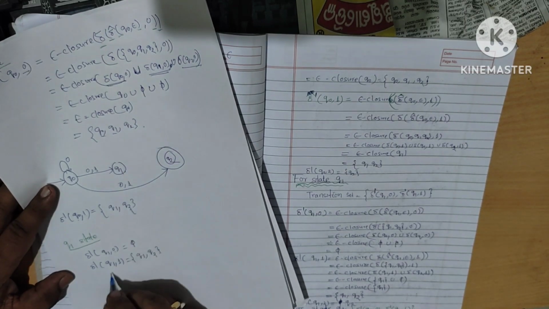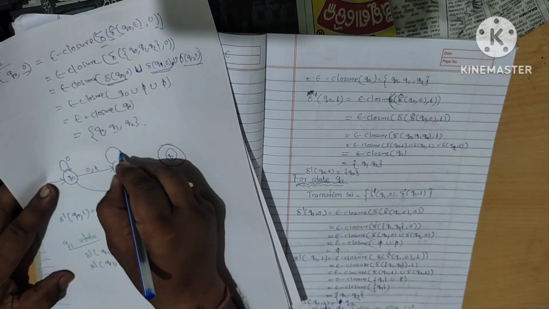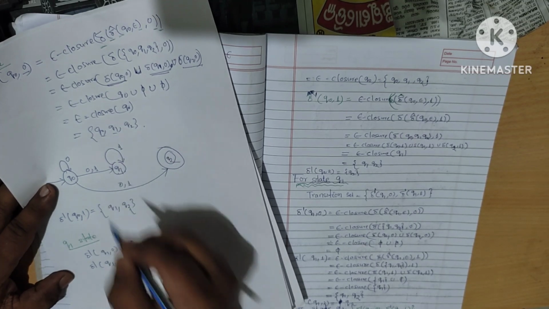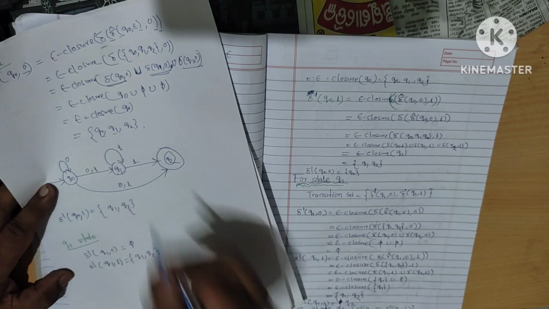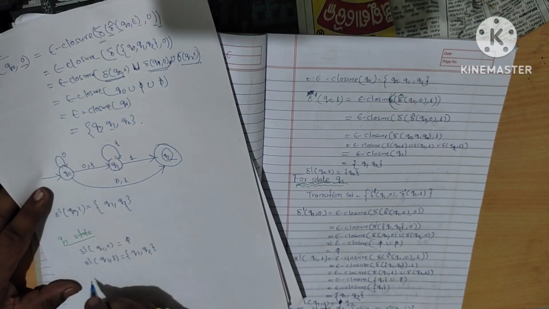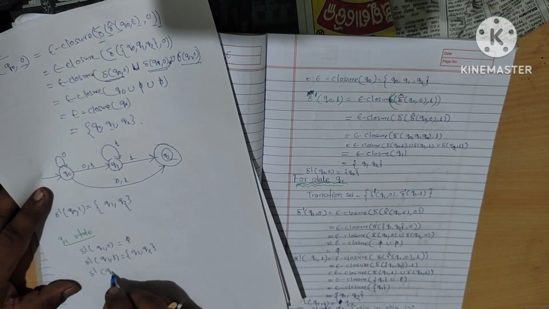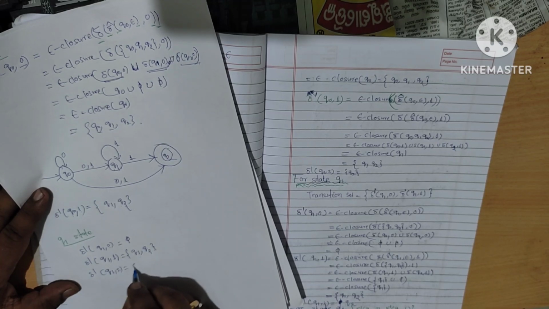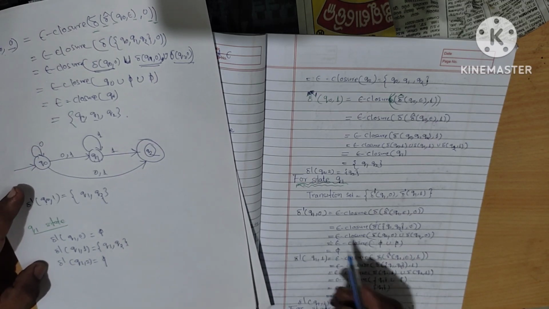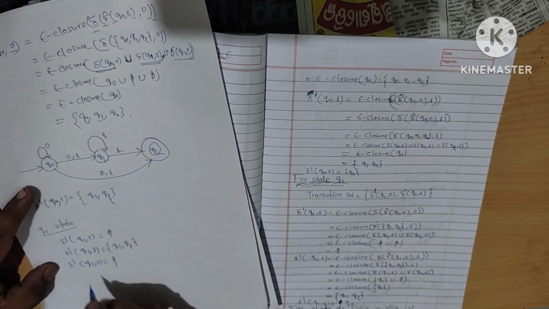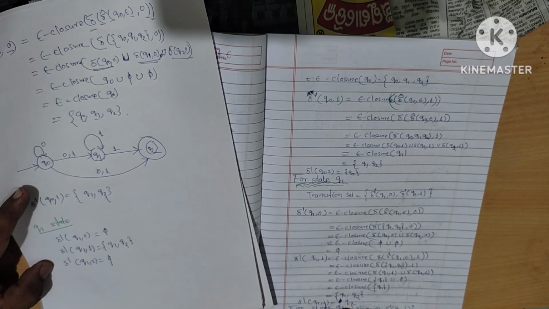So what I will do here, on input 1, it is going to the same q1, also it is going to the state q2. Now let us go for q1 on input 2. It is very much clear. Is it 5?